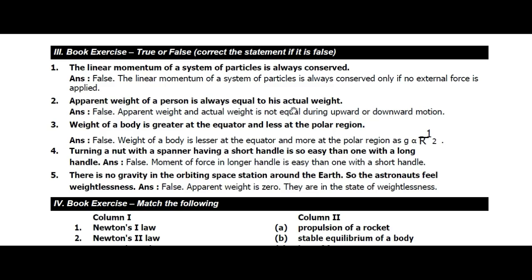Correct the statement: apparent weight and actual weight are not equal during upward or downward motion. Third one, the weight of a body is greater at the equator and less at the polar region. Answer is false. The reason: weight of a body is lesser at the equator and more at the polar region.